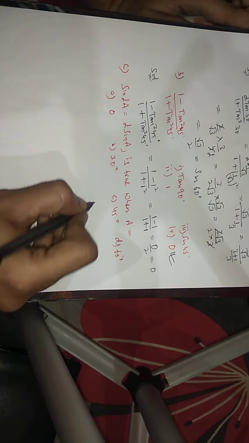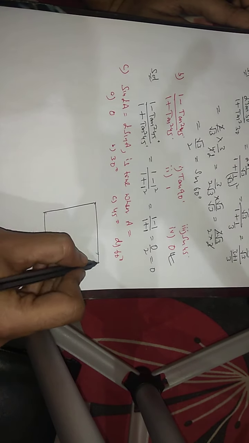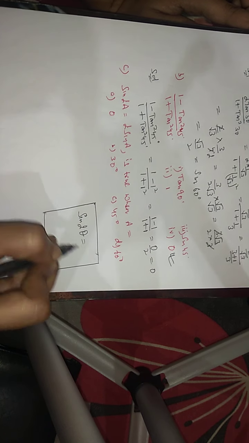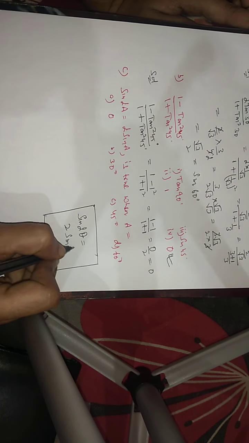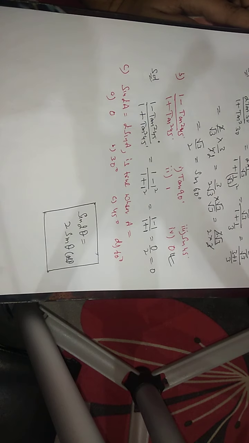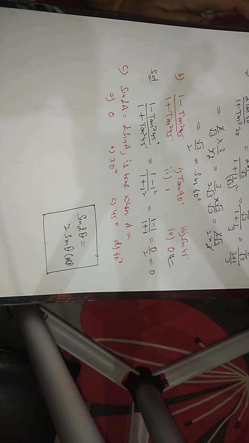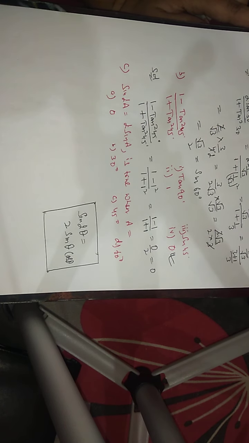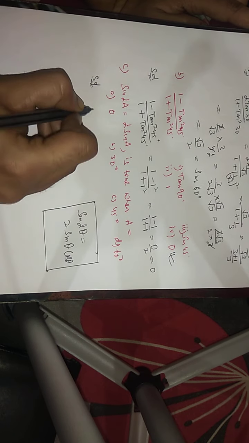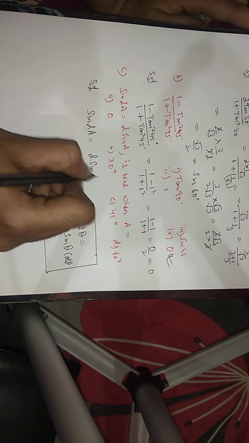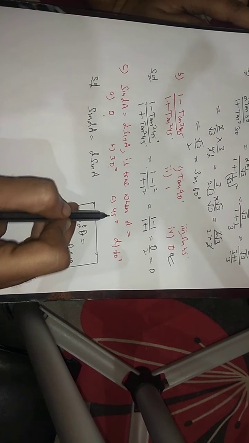Before going for that, let me tell you one formula that we study in class 11th: sine of 2 theta is equal to 2 sine theta cos theta. This is an important formula for class 11th, and in some questions we can use it in class 10th too, as in this question. We are asked: sine of 2a is equal to 2 sine a for what value of a? 0, 30, 45, 60.